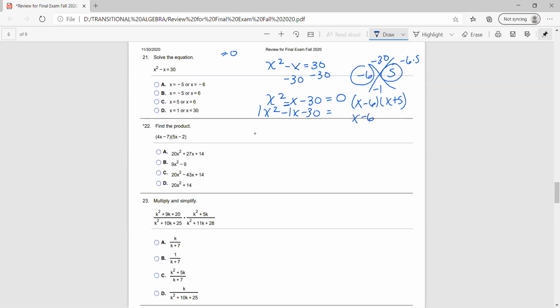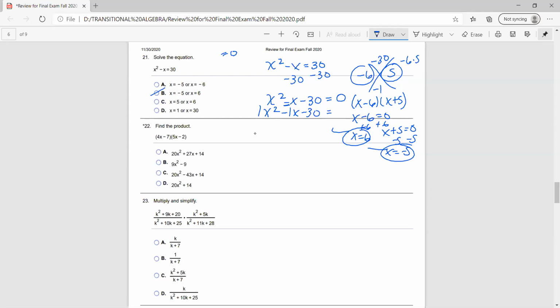And remember, if you're solving this by hand, you want to set them equal to 0, which is why I'm saying they're going to be the opposite. So x is 6 and x is negative 5. The calculator would just go ahead and give you these answers without you having to solve that. So on number 21, the right answer is B.